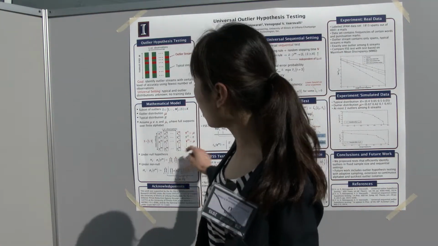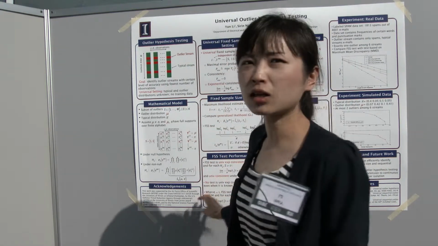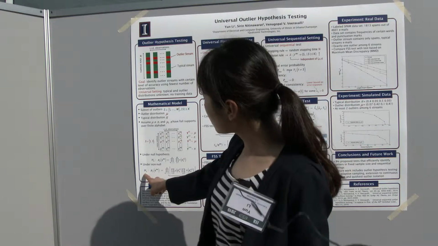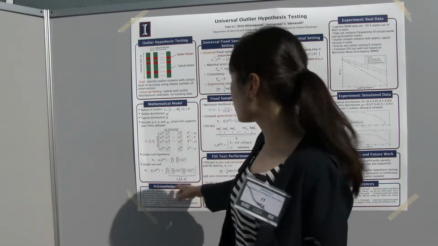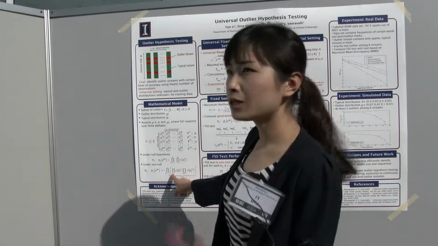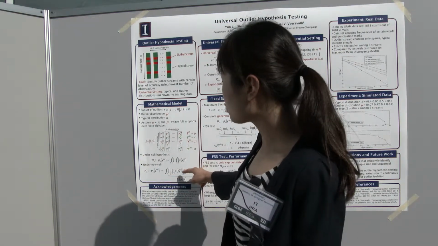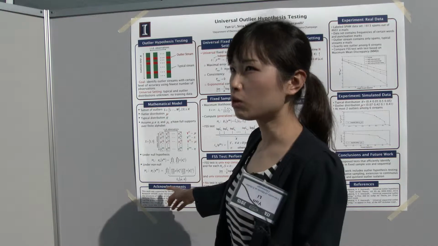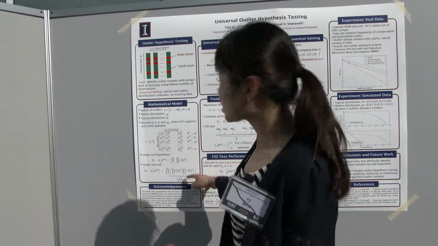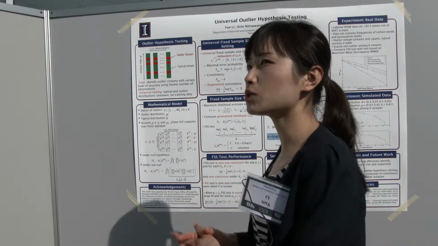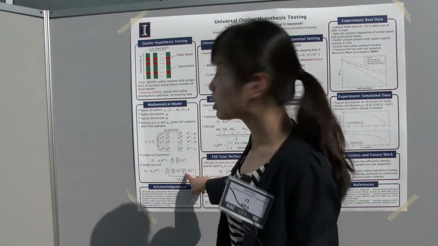Under every non-null hypothesis, we can also write down the likelihood function of all the observations. S here denotes the set of outliers. When i, the index of the sequence, is in S, Y_k^i is distributed according to mu. And if j is not in S, meaning sequence j is one of the typical sequences, it is distributed according to pi.